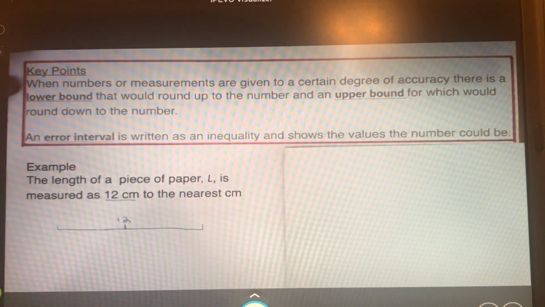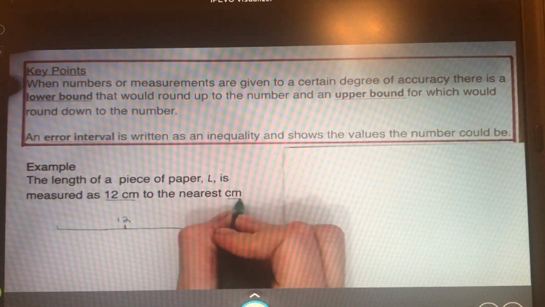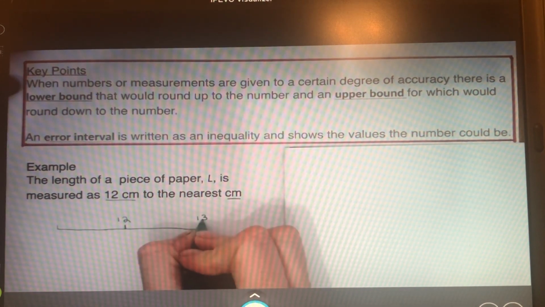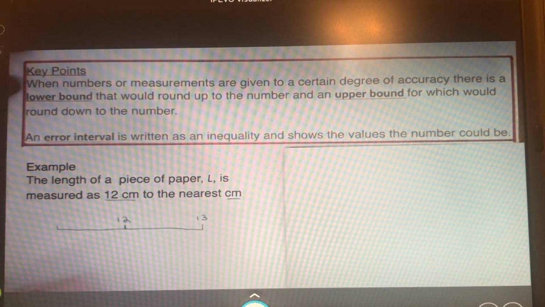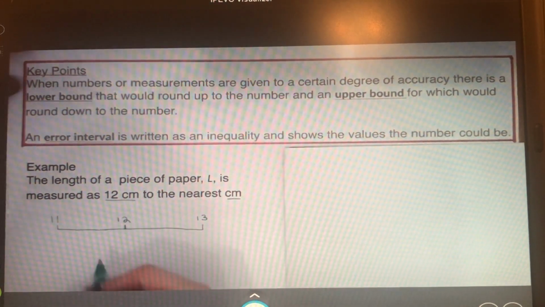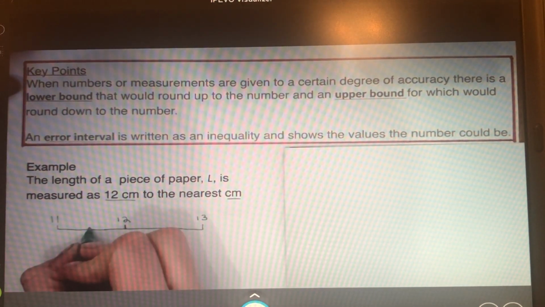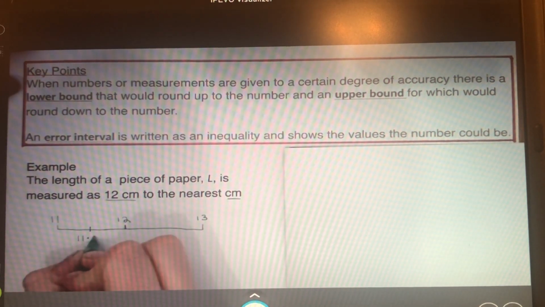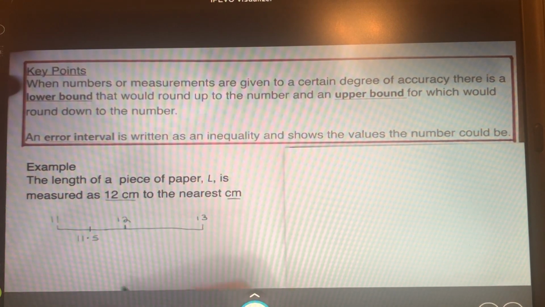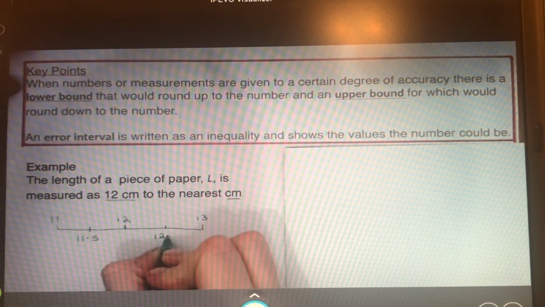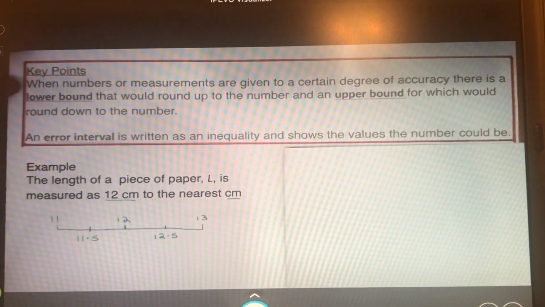Now because it's been rounded to the nearest centimetre, we go up 1 centimetre, so we'd get 13, and we go down 1 centimetre, which means we'll get 11. So our lower bound lies halfway between these numbers, which would be 11.5, and our upper bound lies halfway between these numbers, which would be 12.5.